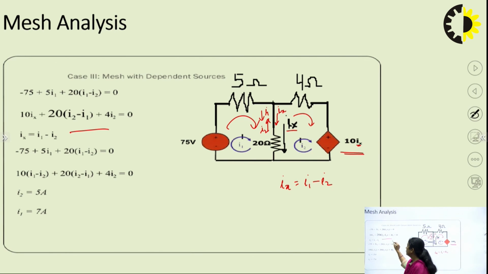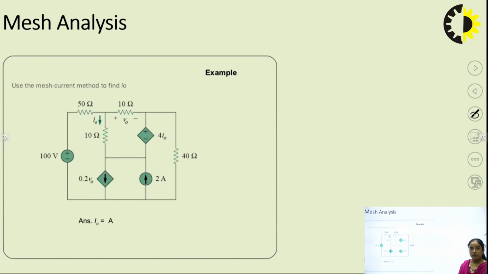Now write the KVL equation in each mesh and solve these equations. This is the equation for the first mesh, and this is the equation for the second mesh, written over here. After solving these equations, you will get I1 and I2. So mesh analysis can be applied.